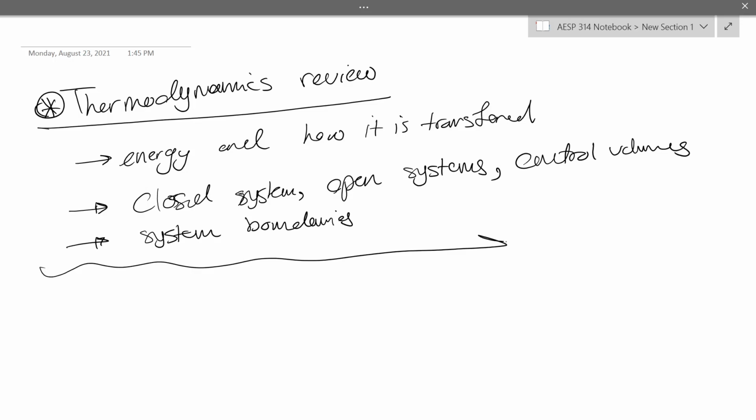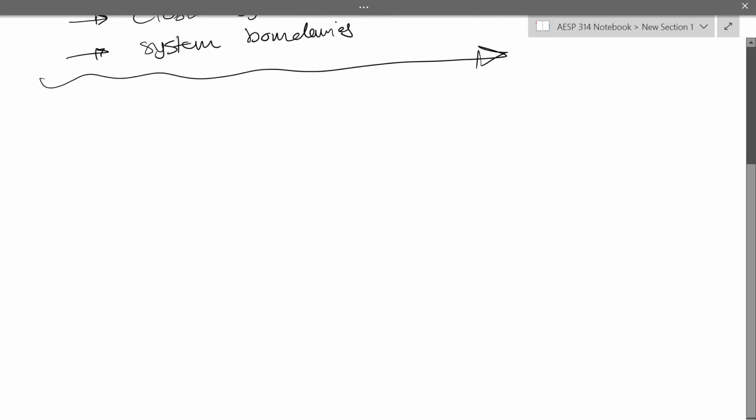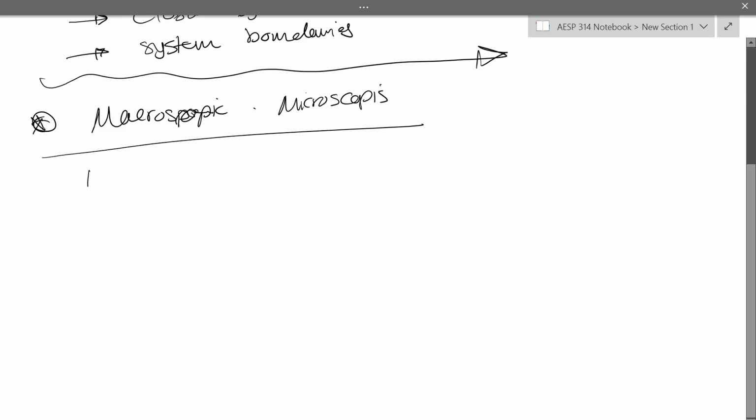We also are going to move on to things that are going to help us describe these systems. The systems can be studied at a macroscopic level, or a microscopic level. Things like temperature, density, pressure, volume, specific volume, are of interest to us.